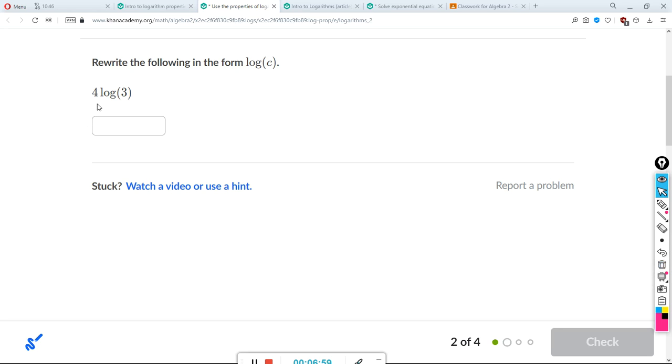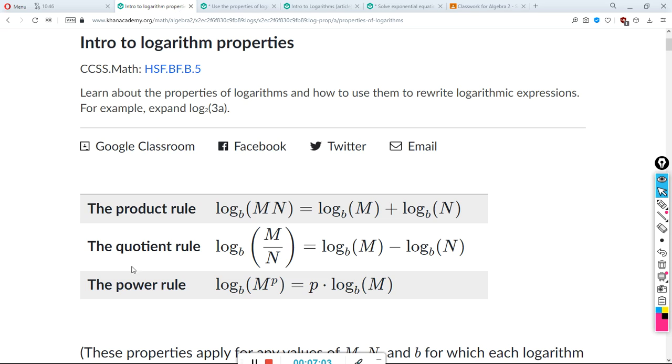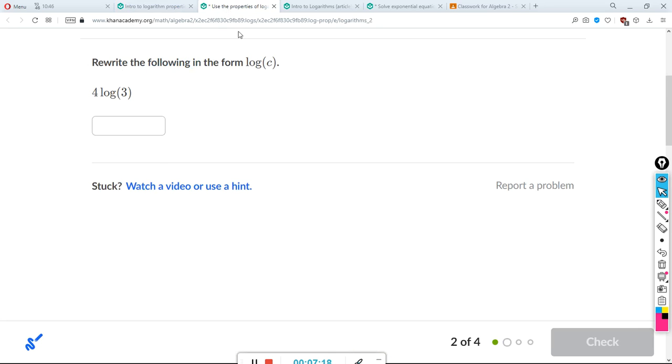Alright, here we have the 4 out front. For the power rule, you can take the number out front, in this case it's p, and move it to the exponent on the letter m. See right here, m to the power of p. So we're just working backwards on these. You take the 4 and you move it as the exponent on the 3.